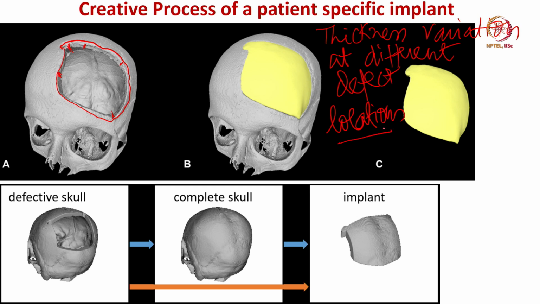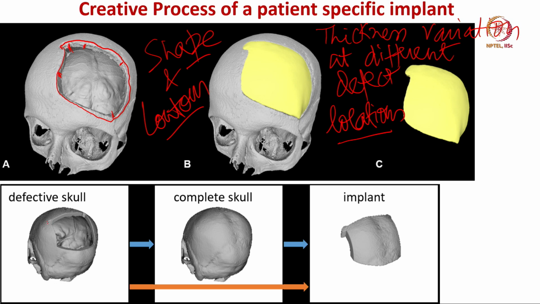And also you consider the shape and contour of the defect. Therefore, the perfect design of this particular cranial defect is very important. Here you see how to do this.